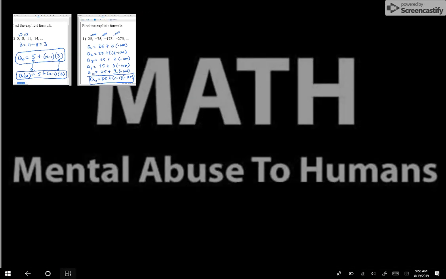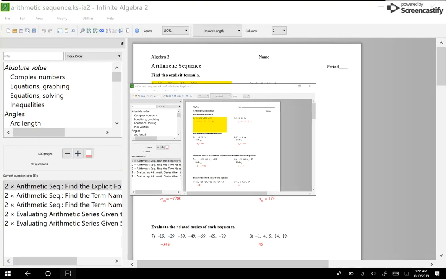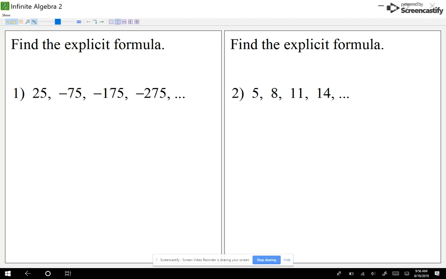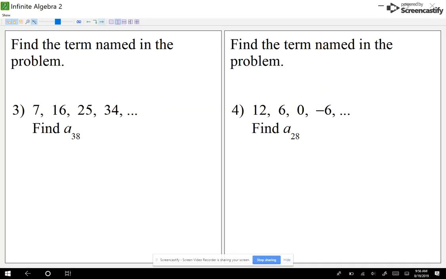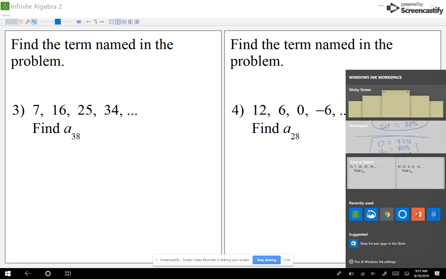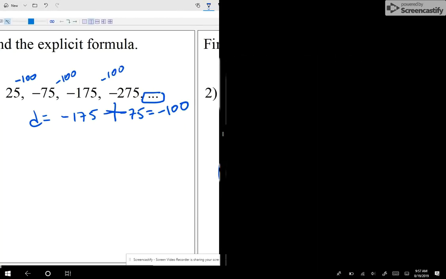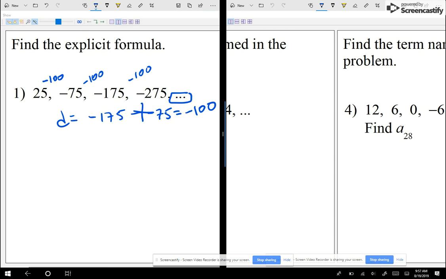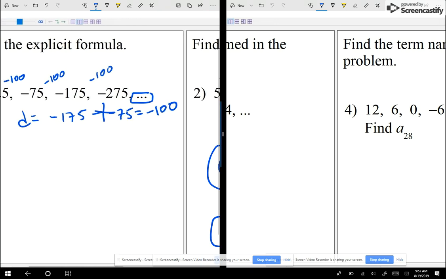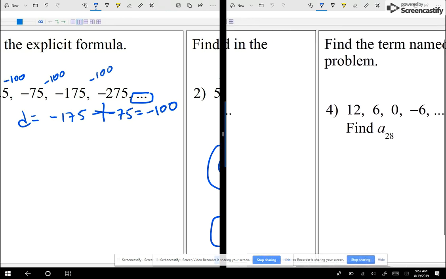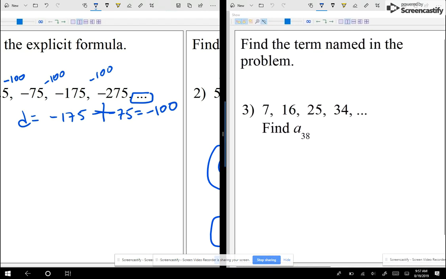All right, now let me take a look at questions number 3 and 4. Question number 3 and 4, we're going to be using the formula. I'm just going to put it here at the side.